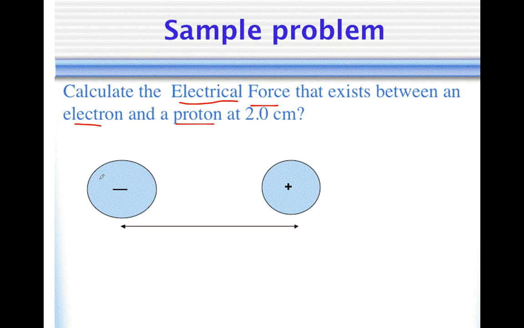Well, it was on a couple slides ago, but it's a negative 1.6 times 10 to the, who remembers? Anybody? Negative, don't say 6, that's micro. We're saying 1.6 times 10 to the negative 19th. Okay, guess what? A proton has the equal but opposite charge, so its Q is 1.6 times 10 to the negative 19th again. It's just not negative, right?